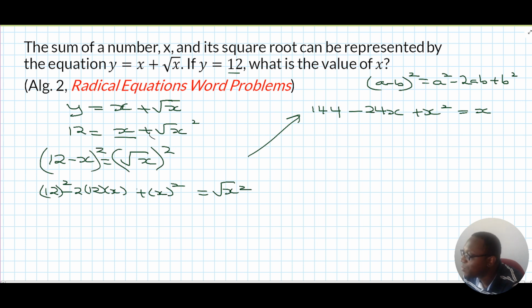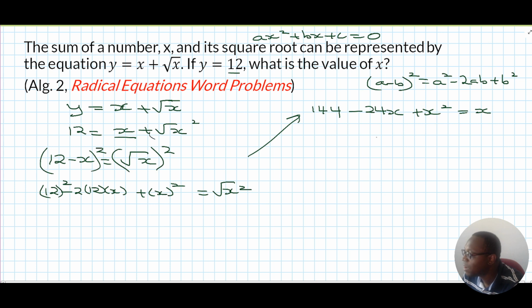So the next step is grouping common terms together, because we need to express this as ax squared plus bx plus c equal to 0. So we're going to rearrange all of this so that we have the equation in this format.